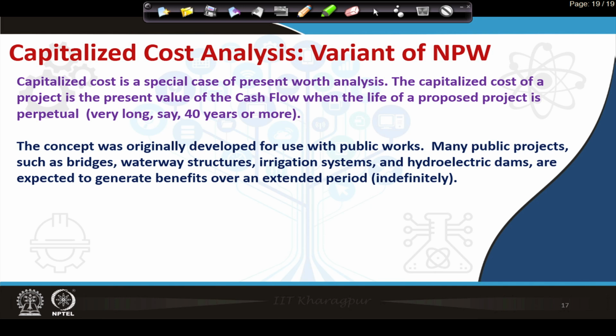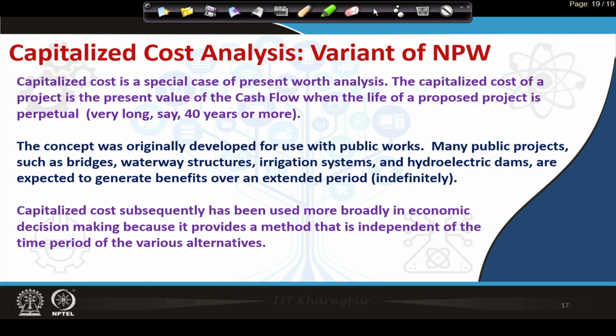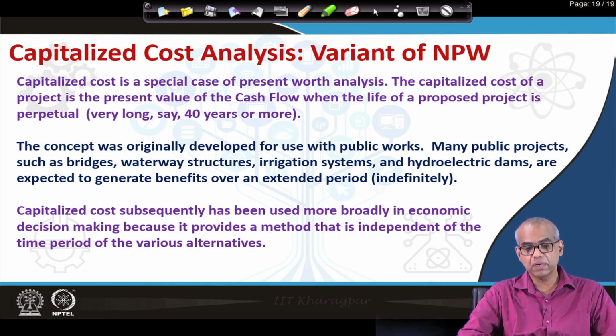So, such public projects are expected to generate benefits for the public indefinitely. Capitalized cost subsequently has been used more broadly in economic decision making because it provides a method that is independent of the time period of the various alternatives.